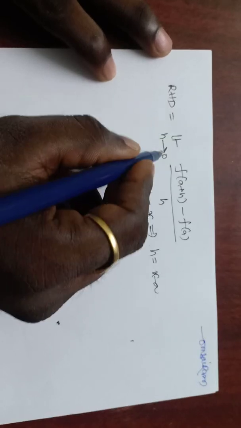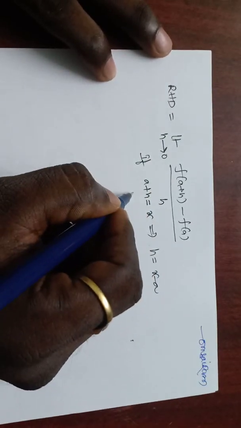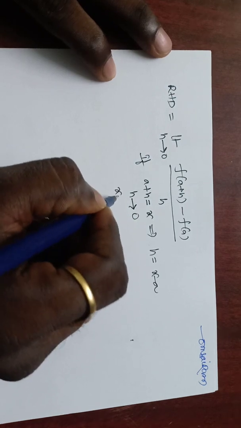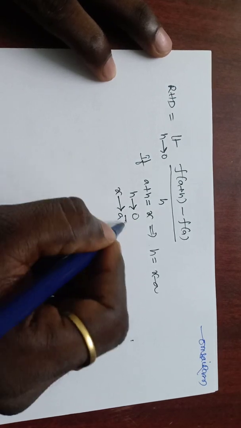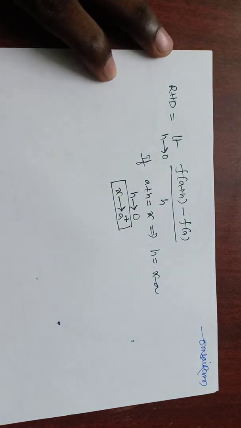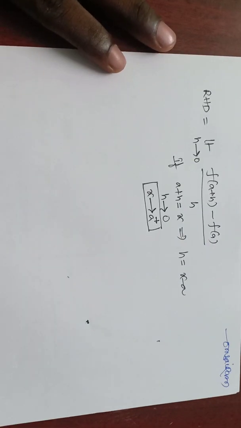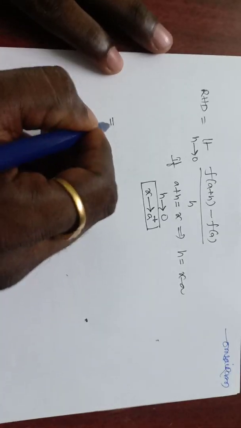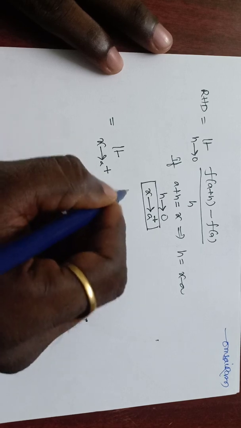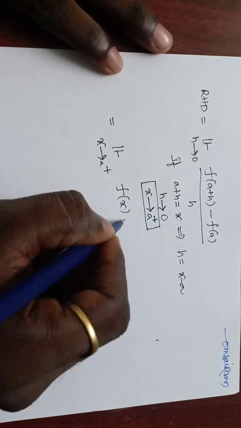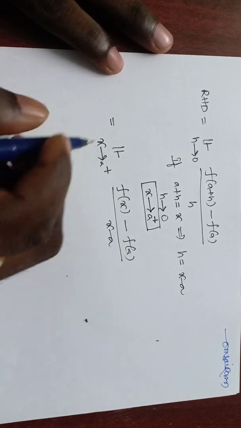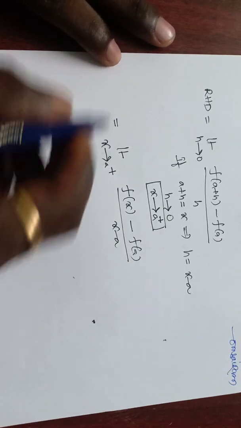As h approaches 0 from the right side, which is positive, h tends to 0, and x tends to a plus. Clearly, this can be read as limit x tends to a plus of f of x minus f of a by x minus a. This is also the right hand derivative.